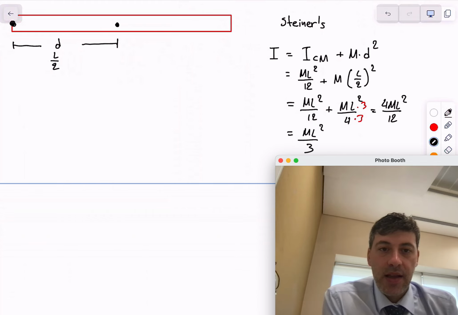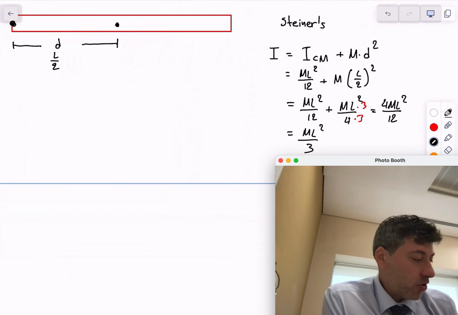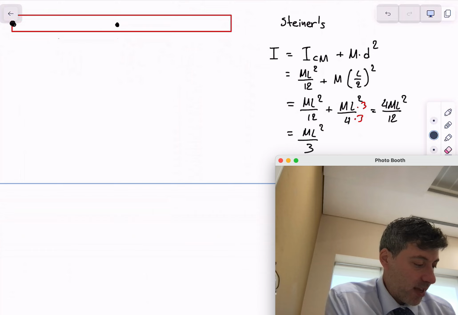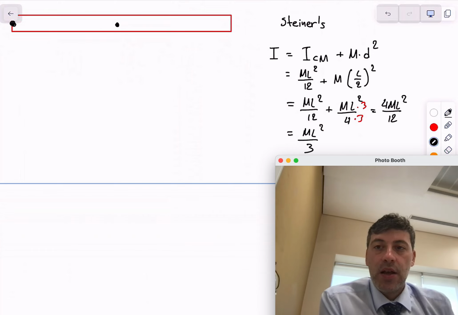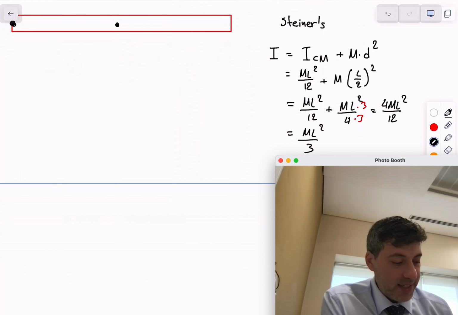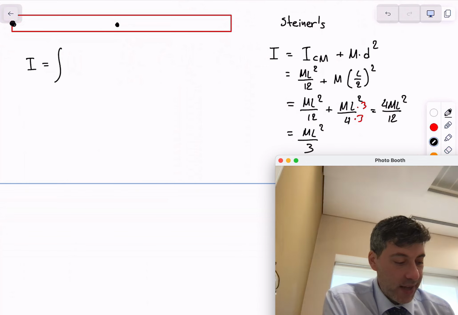However, another method is to again apply integral calculus. So if we do that, what we get is that the moment of inertia for the left edge is the integration, again, of x squared times dm.